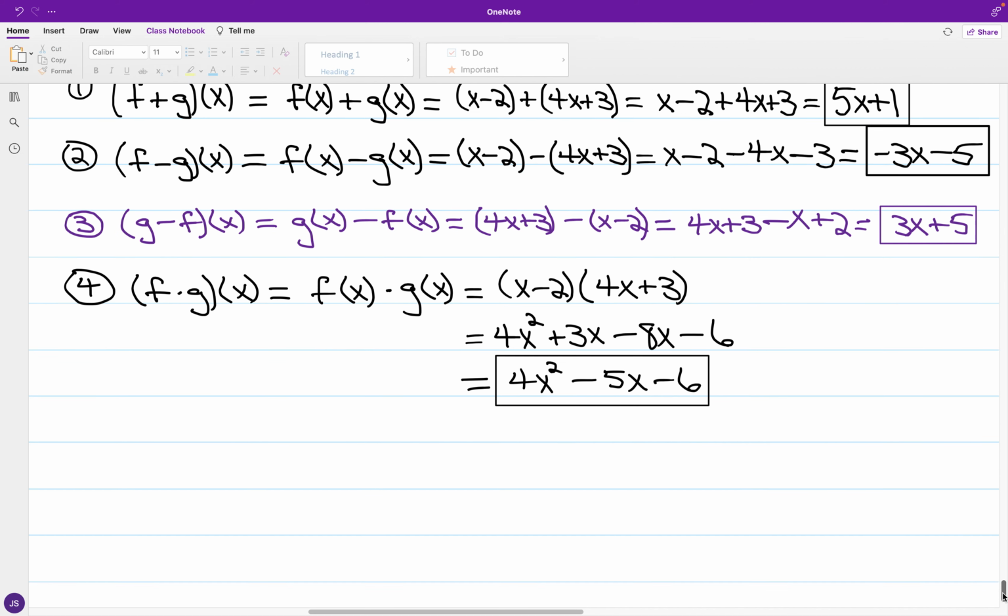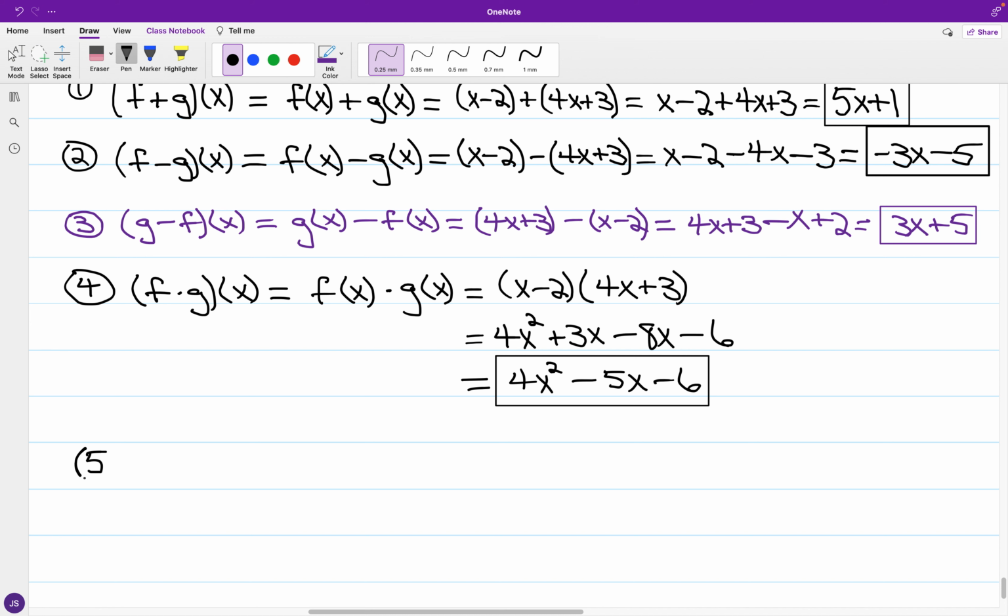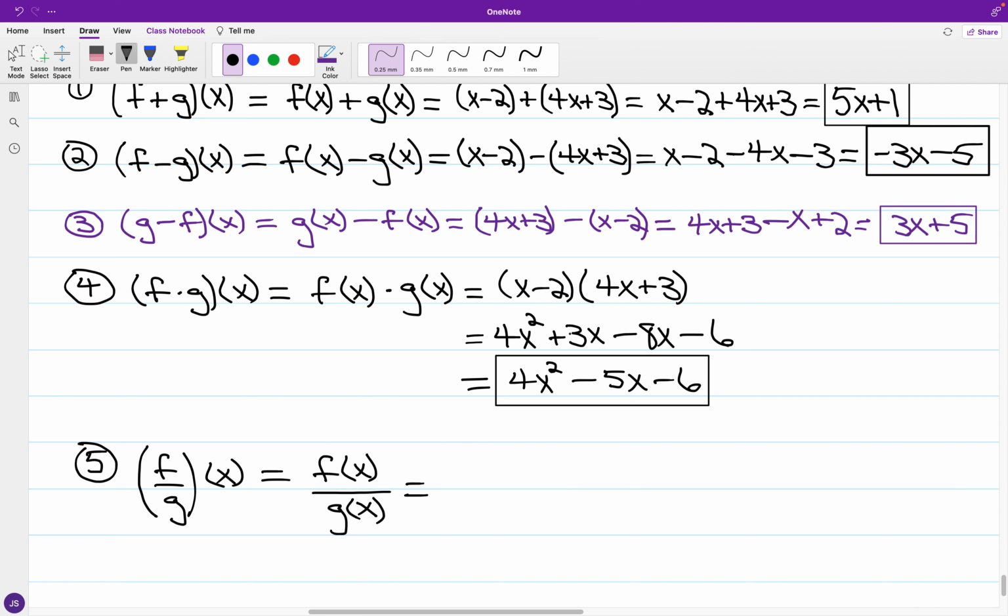And in the case of the quotient functions, for f over g of x, we have f of x over g of x.